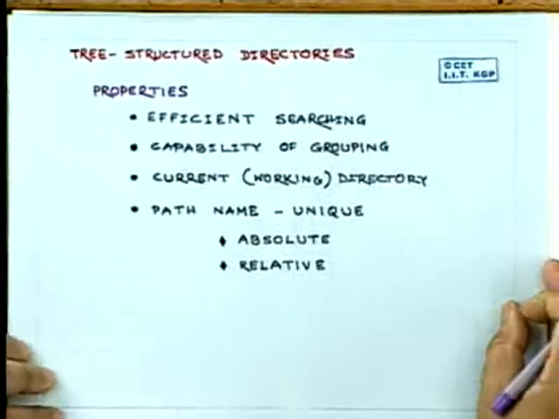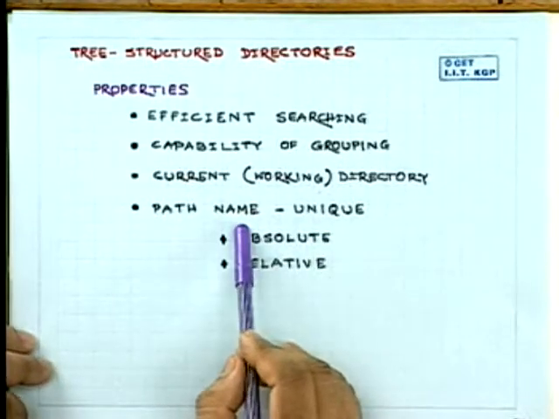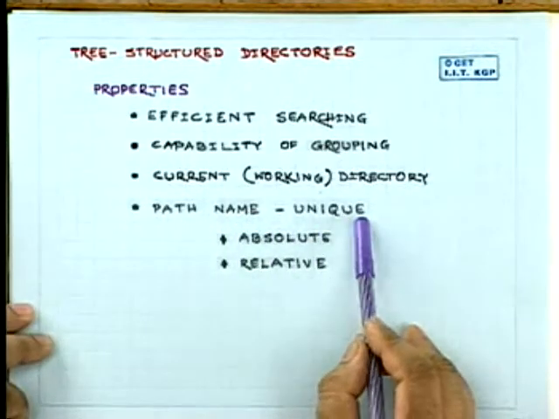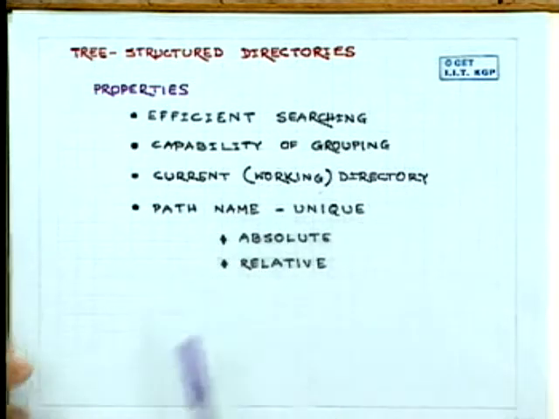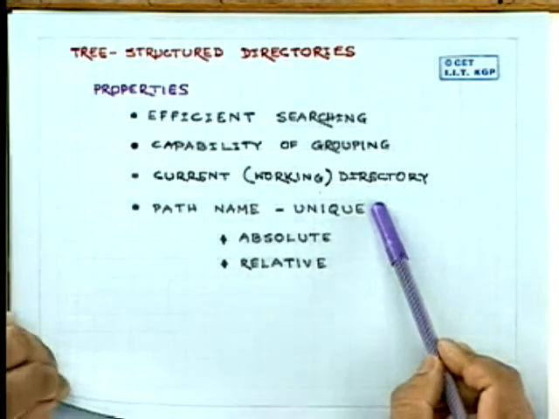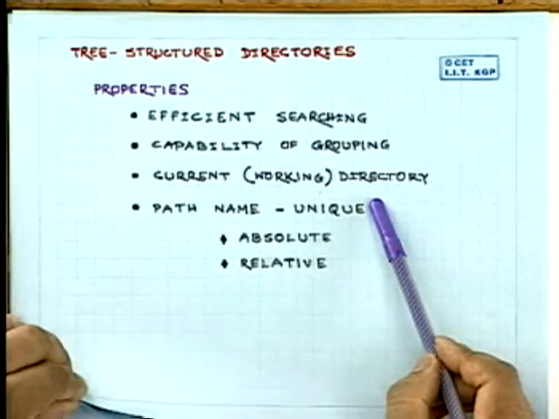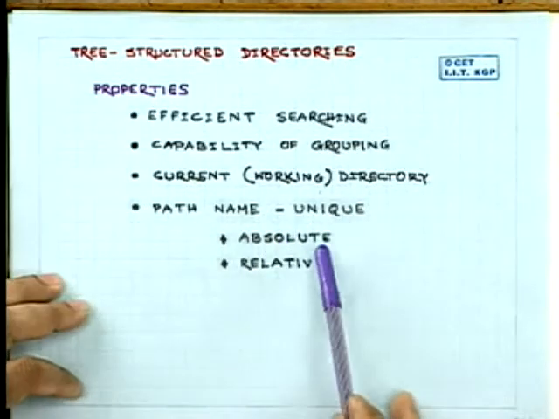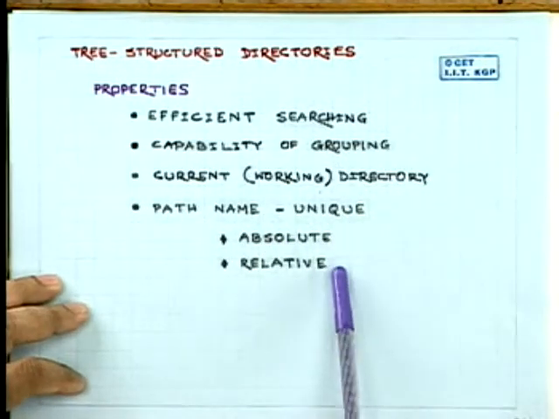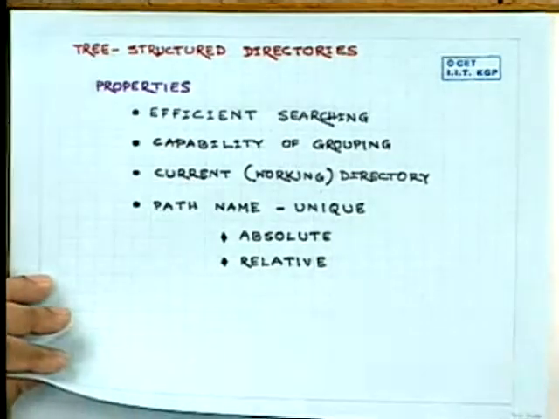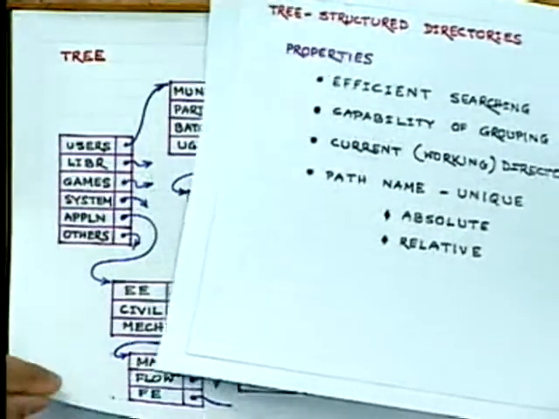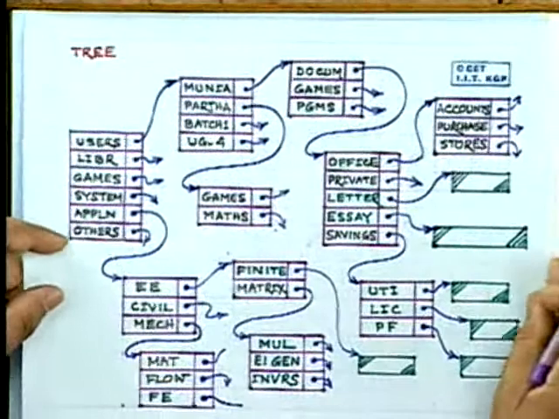And the path name we can specify to go to any particular subdirectory or to any particular file, and the path name is unique. It can be either an absolute path name, or we can speak in terms of a relative path name, as I've already explained, right?